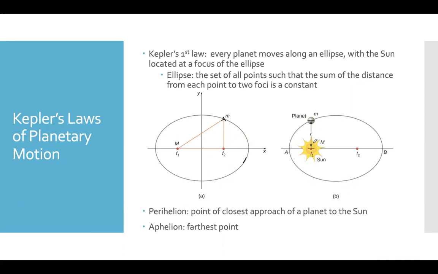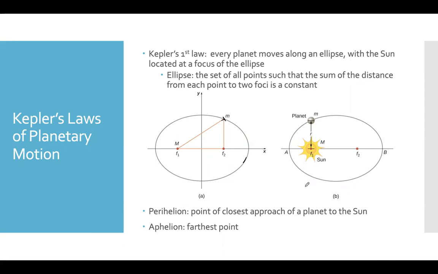We have the sun at some focus, F1, and then another focus, F2, and the planet will orbit that entire system here. So it's kind of interesting how our planets orbit the sun.